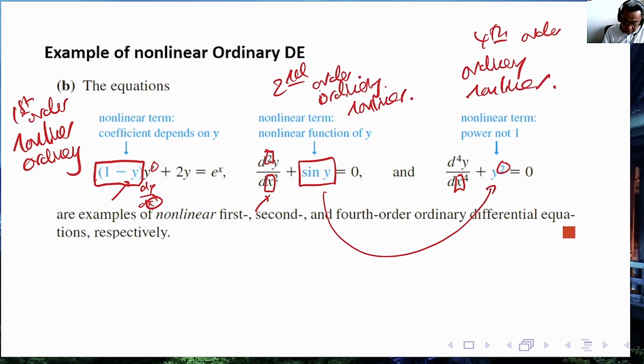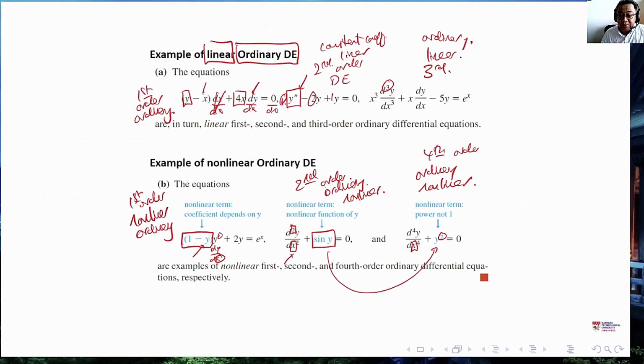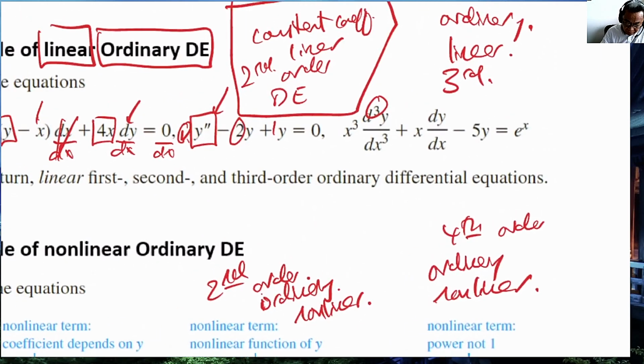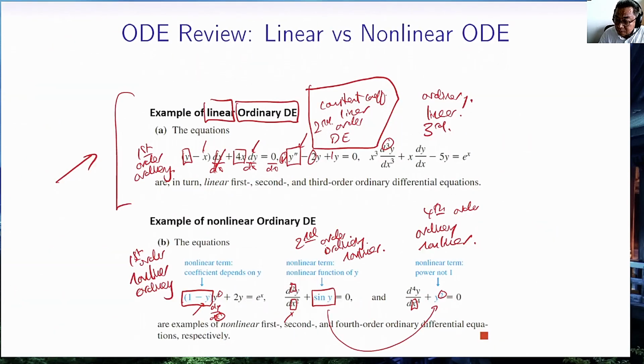So these are the examples of linear versus nonlinear ordinary differential equations. Again, I repeat, we're only interested in linear ODE. In fact, later on you'll see in our examples, we're only interested in constant coefficients ODE, where the coefficients are simply constants. Right, thank you.